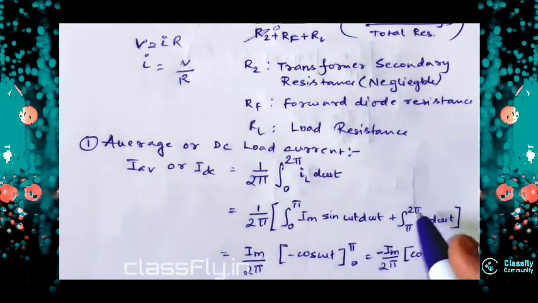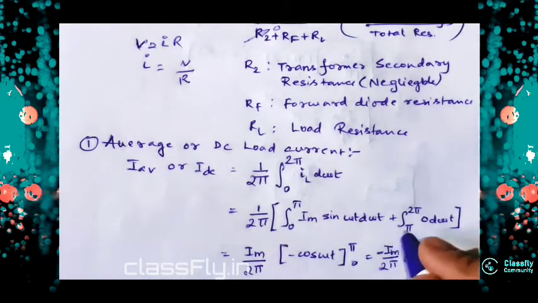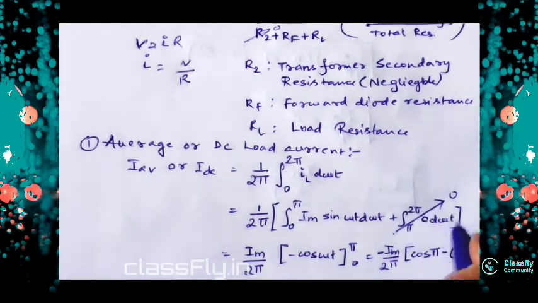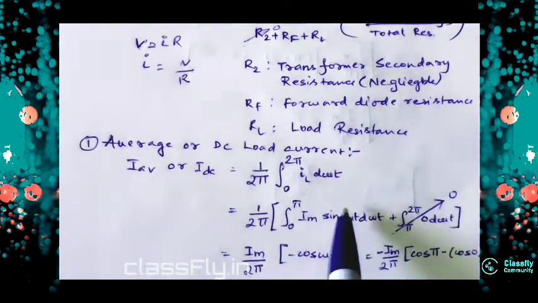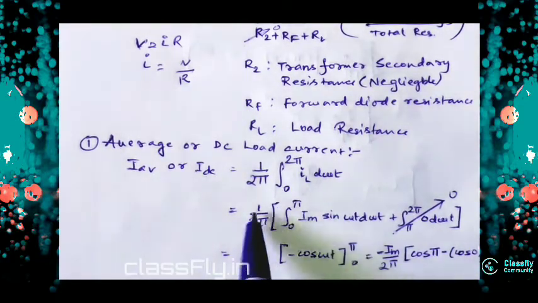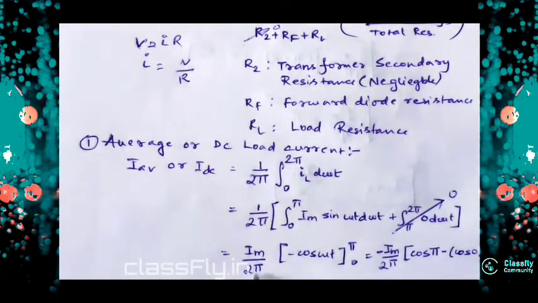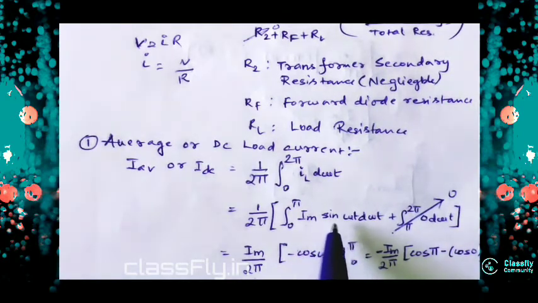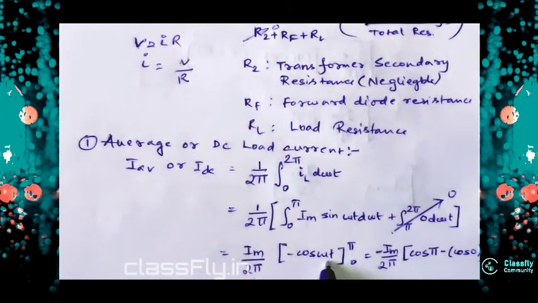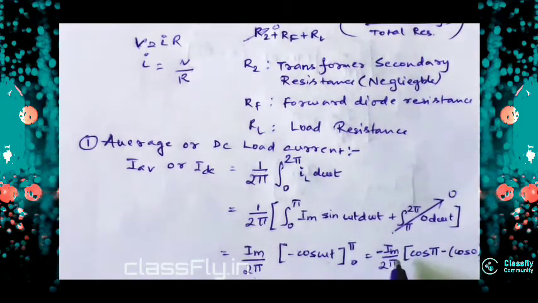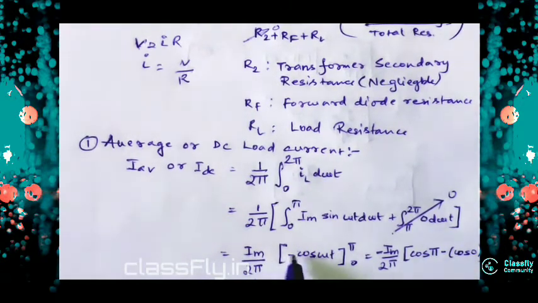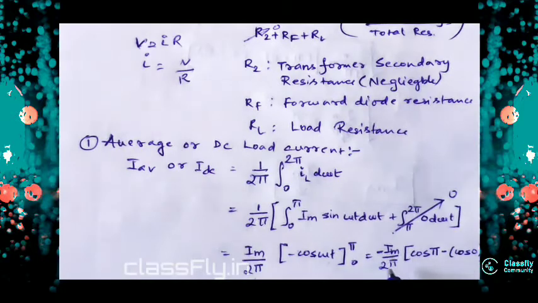We know that the pi to 2 pi part is 0 as there will be no current flow, so we don't have to solve it. We just have to solve this one. We bring out the Im, so it will be Im by 2 pi, and we know that when we integrate sin omega t, it is minus cos omega t. We put the limit 0 to pi. We bring this minus out, so minus Im by 2 pi, cos pi minus cos 0.